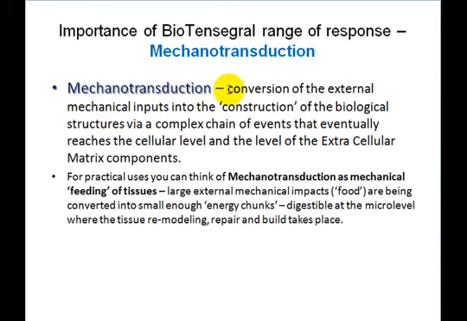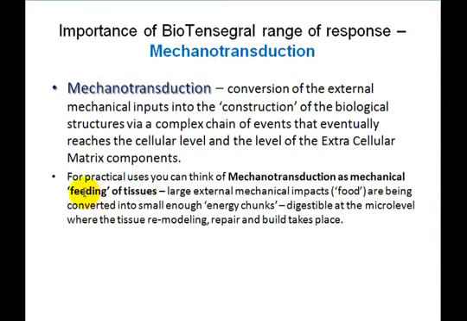Mechanotransduction is a conversion of the external mechanical inputs into the construction of the elementary biological structures via a complex chain of events that eventually reaches the cellular level and the level of the extracellular matrix components, where the fascia is actually laid out and built, right? So the collagen fiber and so on.